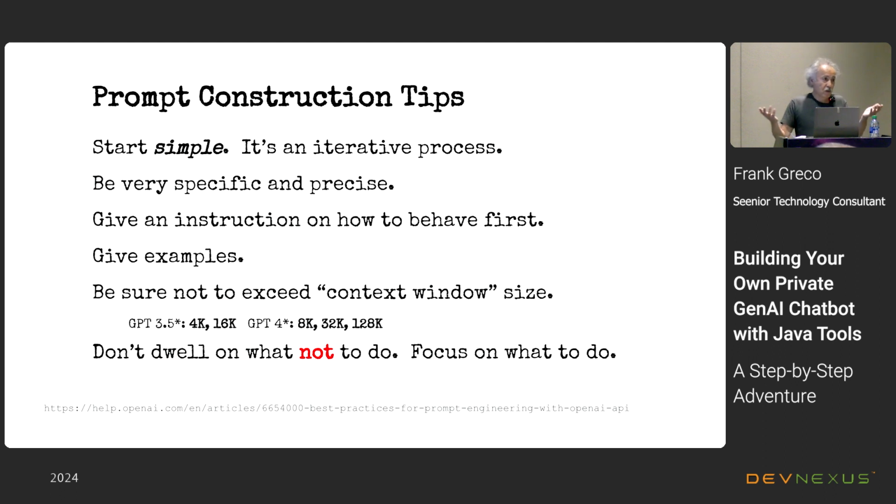It's just faster. And you give it instruction on how to behave first. Okay, behave like you're an expert Java developer and act in a friendly way. Give it some hints on how to behave, and also give it examples, give it context.